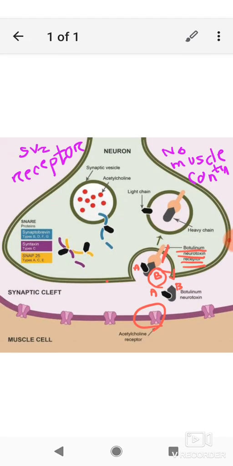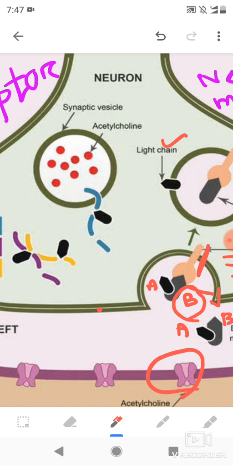As you can see in this picture, this light chain is inhibiting the release of acetylcholine. These dots are the acetylcholine, the neurotransmitters, and this is the synaptic vesicle.